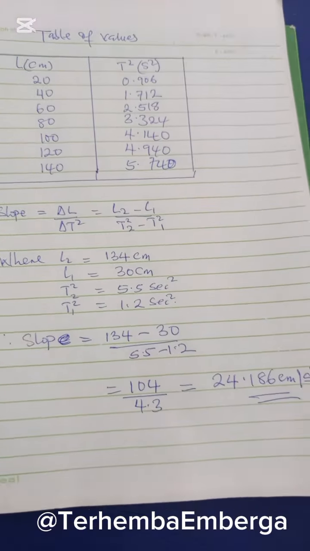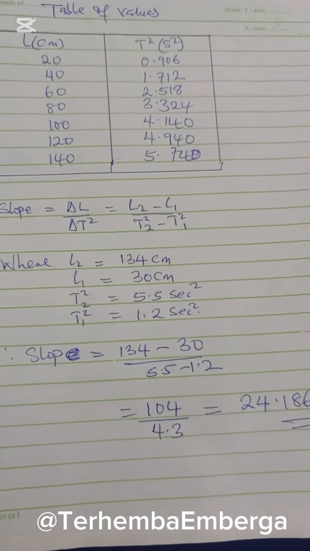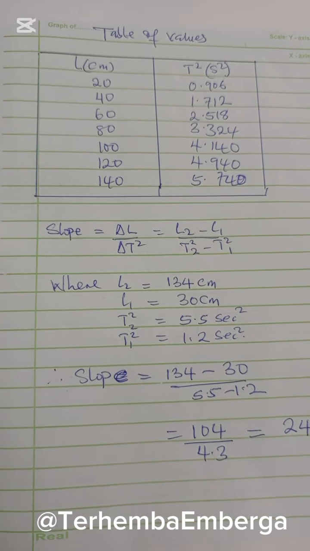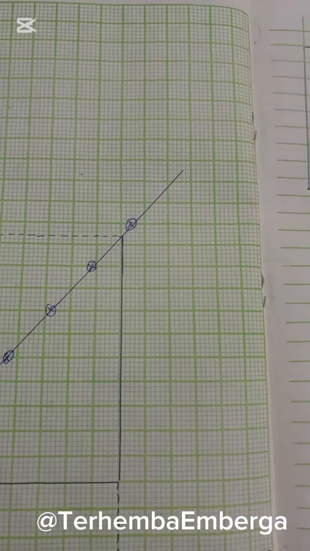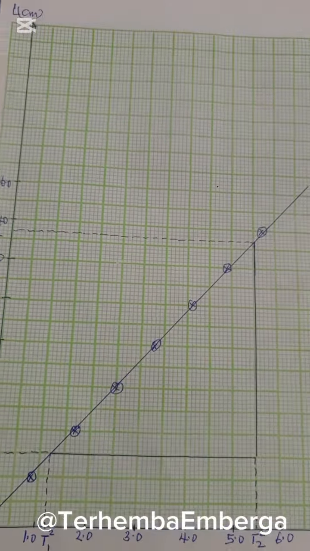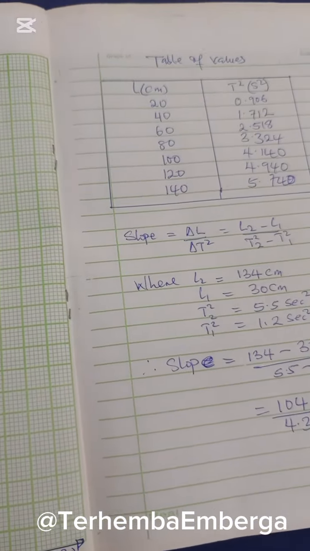So for the purpose of this class, we'll look at how we can calculate the slope or gradient of a graph that is plotted already. Remember, we have what we call a linear graph.